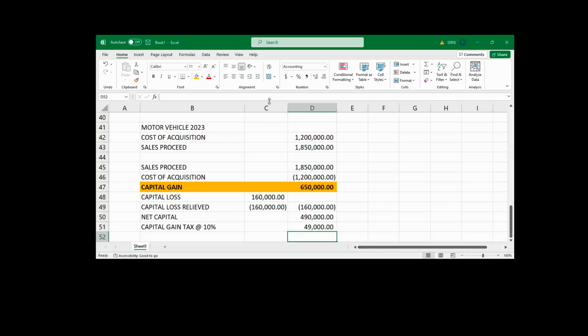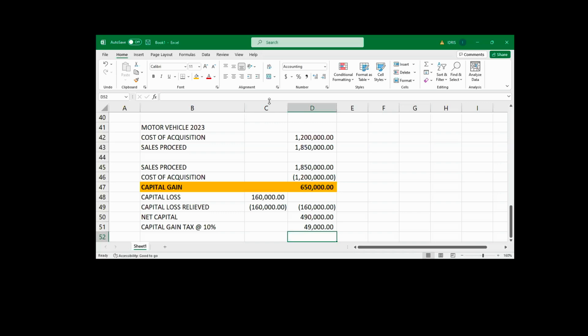So that is that. The next area we want to go to now is what we call rollover relief. This is the major area in capital gain tax, so it's very important. How do we treat rollover relief?